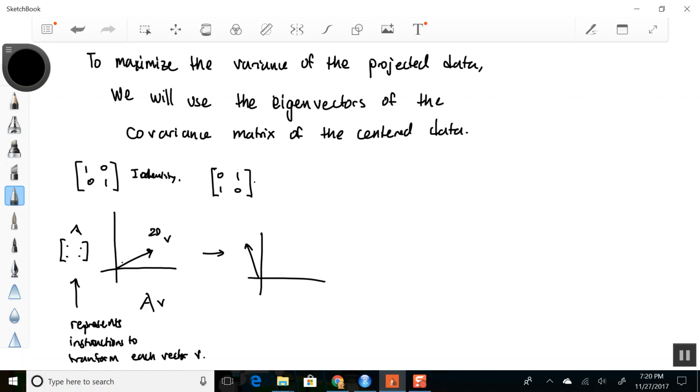That's another transformation. Basically every 2 by 2 matrix represents some kind of instructions on combining the x and y coordinates in a way to produce a new vector.